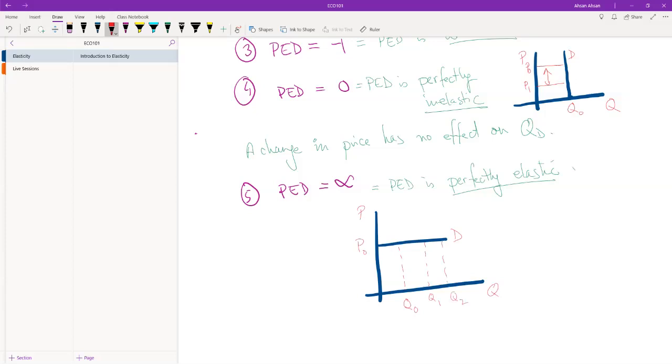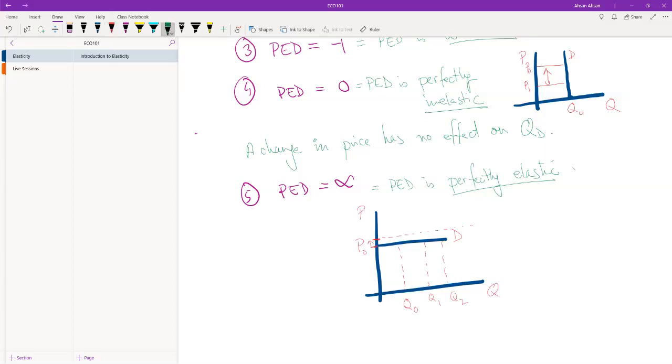So the intuition behind this, if price were to rise even by a little bit, demand will become zero. See, now this is price P naught, and if price goes up even slightly, there is no demand.